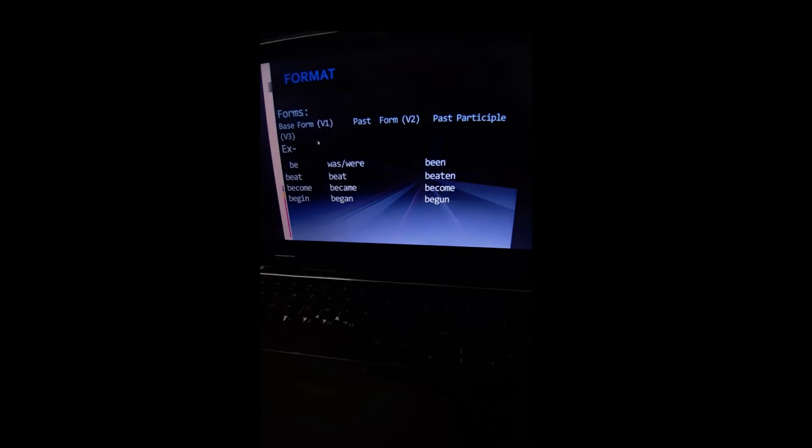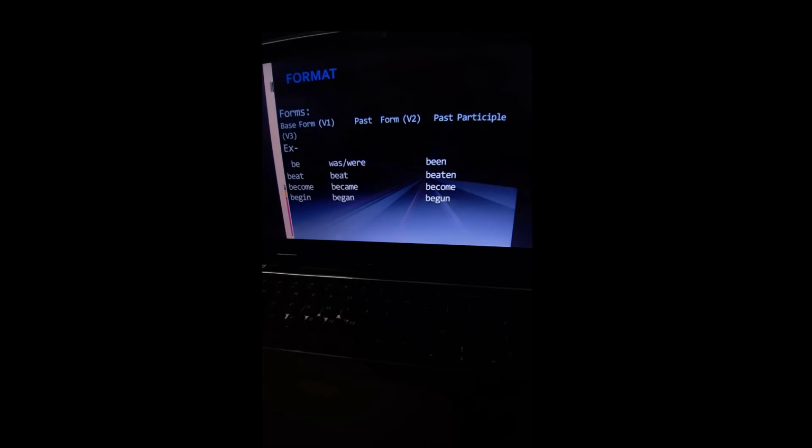These are the verb forms we have to carry for this tense topic, right? The base form, I have suggested you mark as V1, verb 1. The past form, I have told you to write as verb 2, V2, and the past participle form we will write as V3. Okay, it will be easier to recall it and to go through the structure.